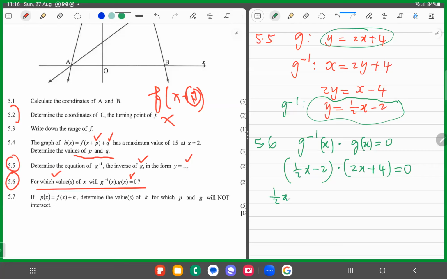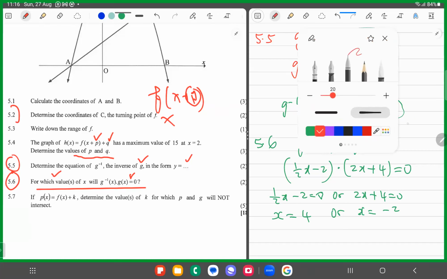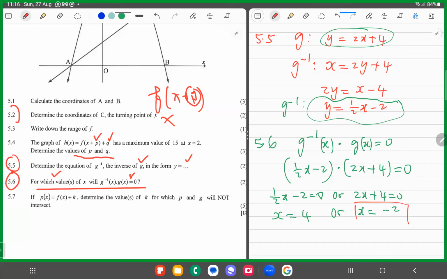So you have half x minus 2 equals 0, or 2x plus 4 equals 0. Okay, so which means x is 4, or x is minus 2. So this is it. x is 4, x is minus 2, so that's the answer.